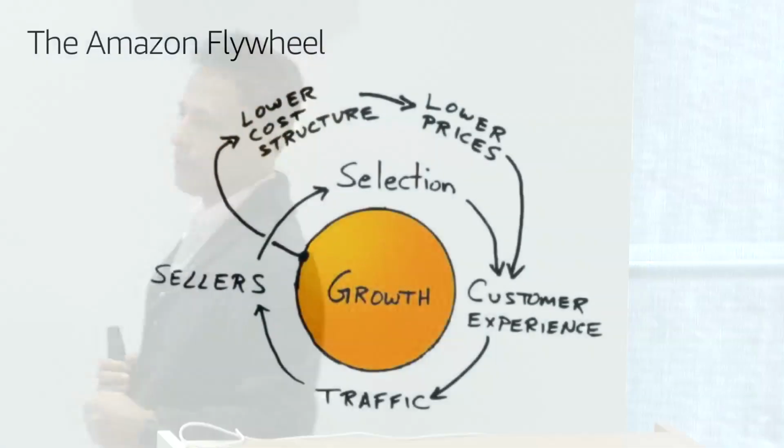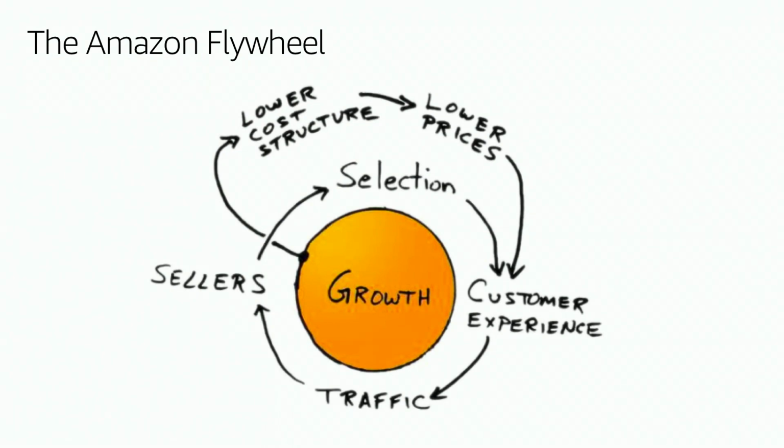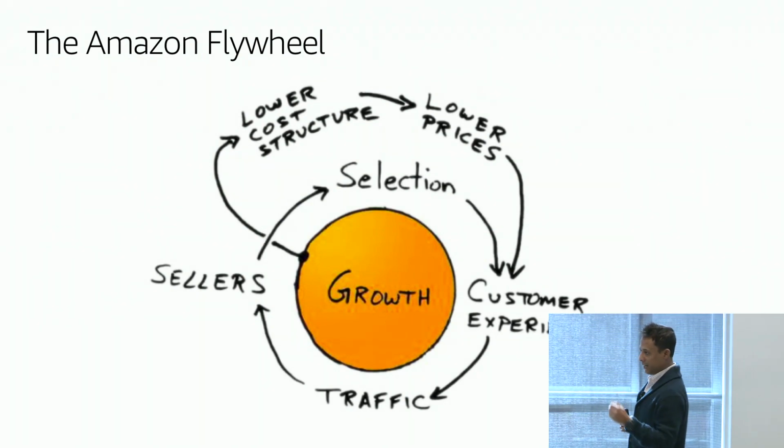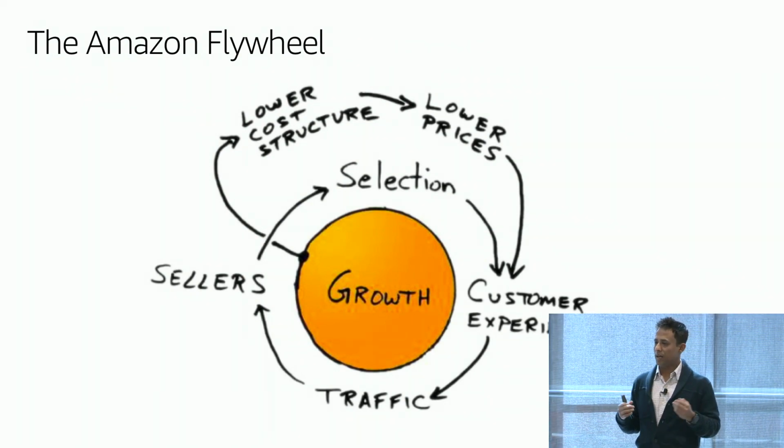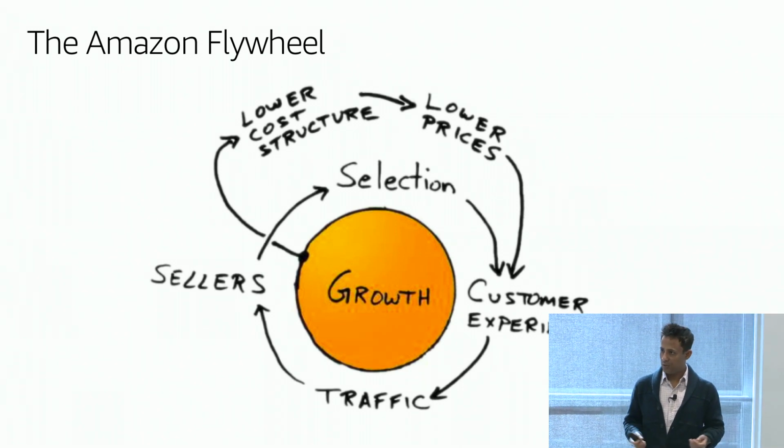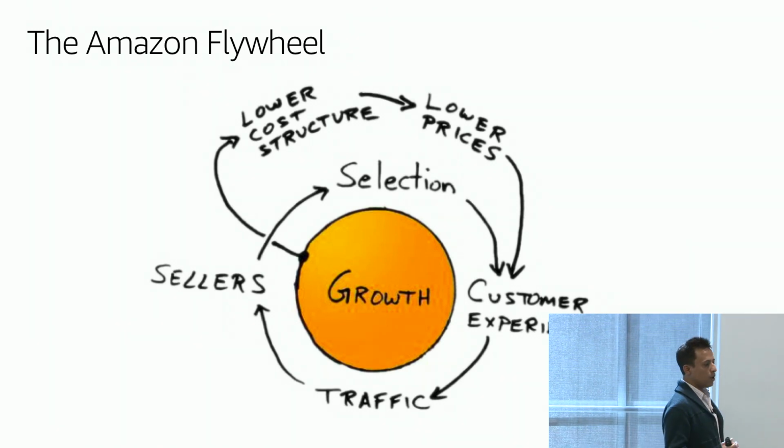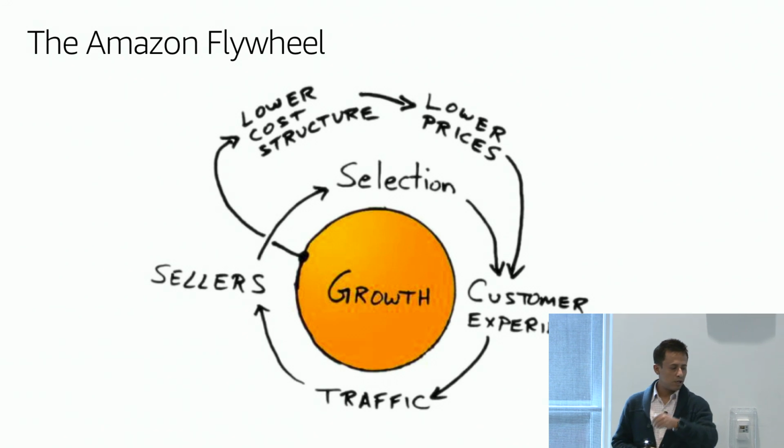And when the business grows, then something else happens that accelerates the growth even further, which is it lowers the cost structure of the business. And when it lowers the cost structure, it also leads to lower prices. So in Amazon and AWS, we always believe in lowering prices on behalf of our customers, which we do, right? Because of these lower prices, it also feeds back to the customer experience.